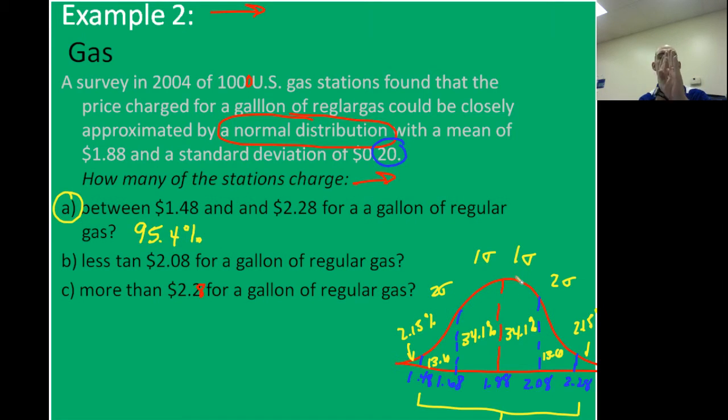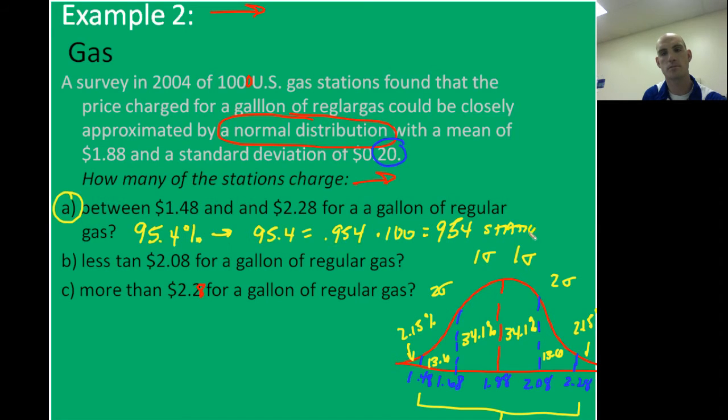And so as we move out from the middle, we have 1 standard deviation on either side, 2 standard deviations on either side. That's what this is asking. So 95.4% is equal to 0.954 times 1,000, which is 954 stations.